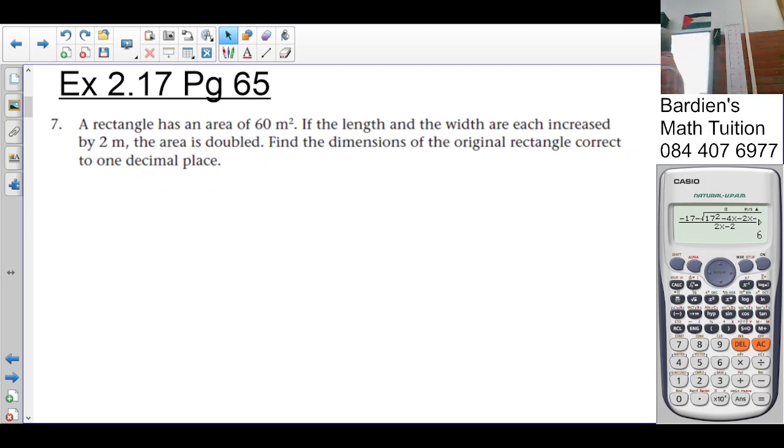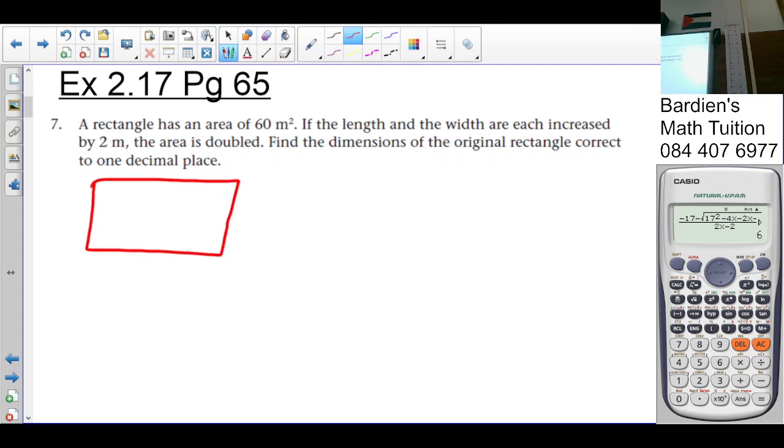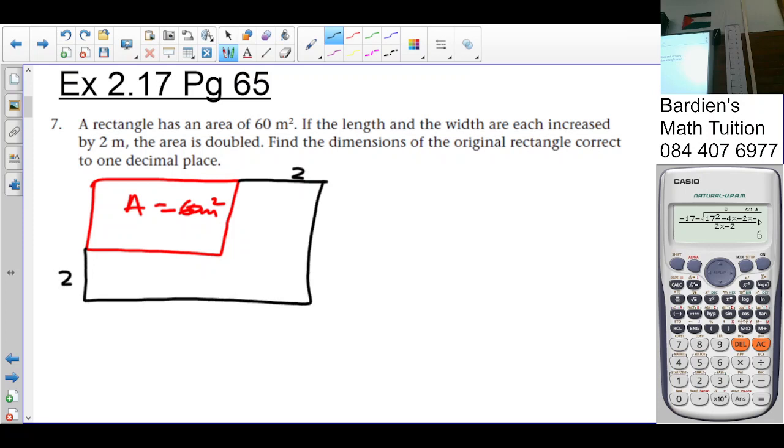In number 7, a rectangle has an area of 60. Again, the rectangle story. So the rectangle has an area of 60 meters squared. If the length and the width are each increased by 2, okay?